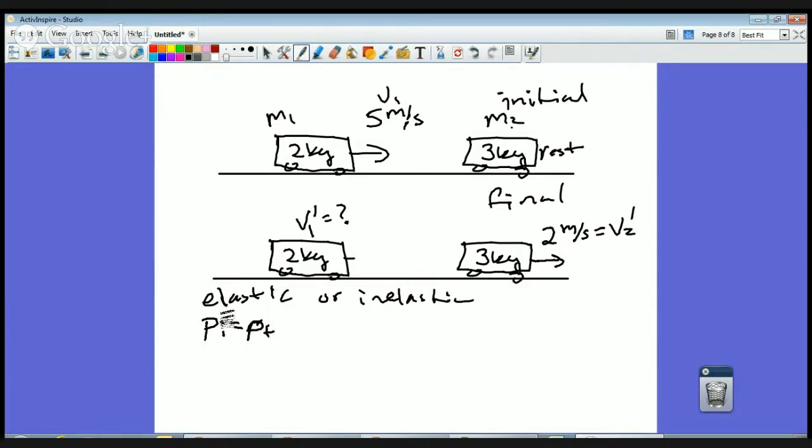So if you say Pi equals Pf, there's a point. Then you'll get a point for setting everything up. So the initial is M1 V1 plus M2 V2. Even though I know V2 is 0, I'm going to write that anyways, just to make sure I'm not forgetting anything. And then this is M1 V1 prime plus M2 V2 prime.